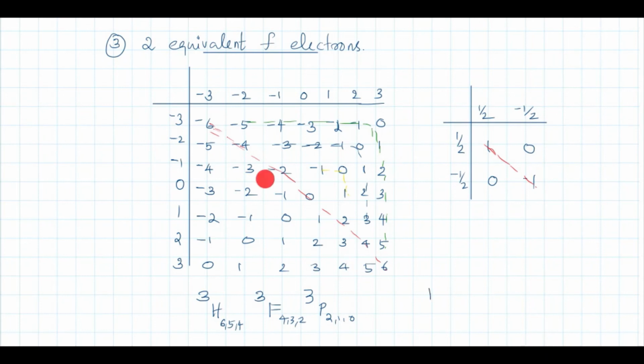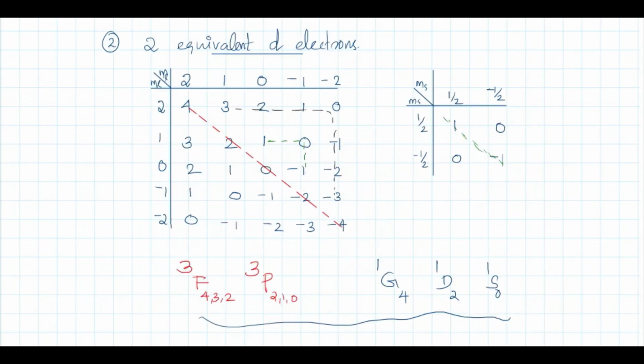Now singlet. You are considering off diagonal ms, different ms values for the electrons. So you can consider the diagonal position of ml. So there are 6 to minus 6, 4 to minus 4, 2 to minus 2, 0. 6 means I, 4 means G, then 2 means D, then S. So 1I, 1G, 1D, 1S. They are respectively 6, 4, 2, 0.